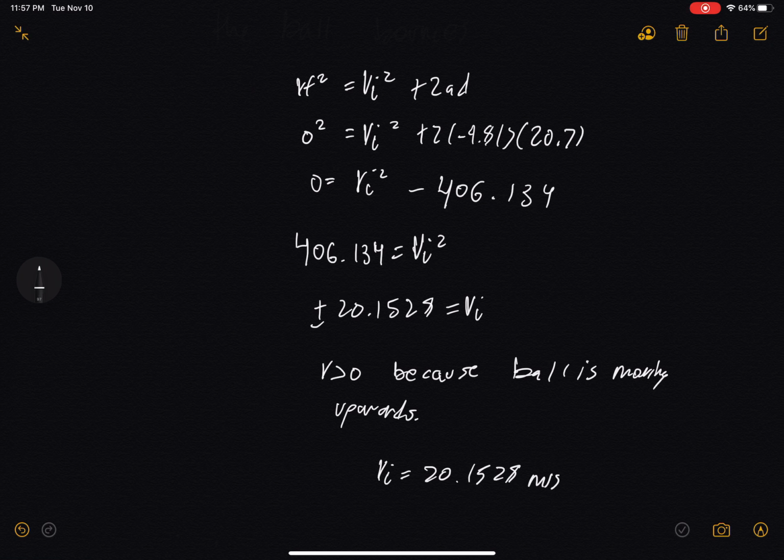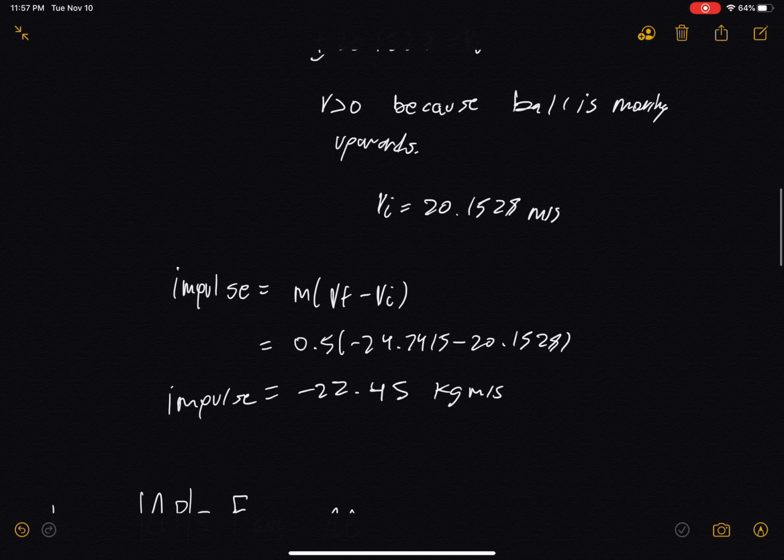Notice how it's positive. Then you add 406.134 to both sides. Take the square root of both sides, and you get plus or minus 20.1528 equals the initial velocity, the velocity of the ball after it bounces. Velocity has to be greater than 0 because the ball is moving upwards, which we established is a positive direction. So VI will be positive 20.1528 meters per second.